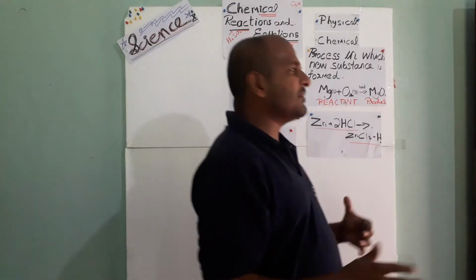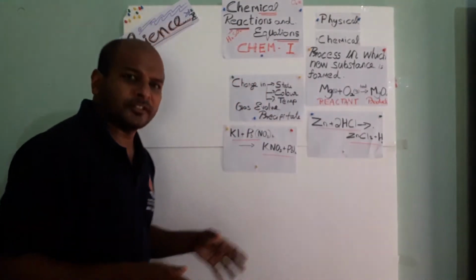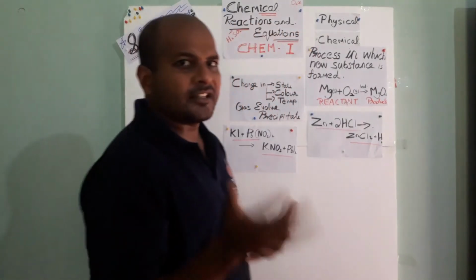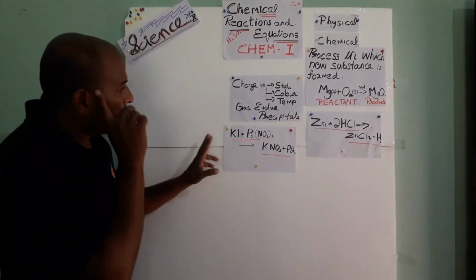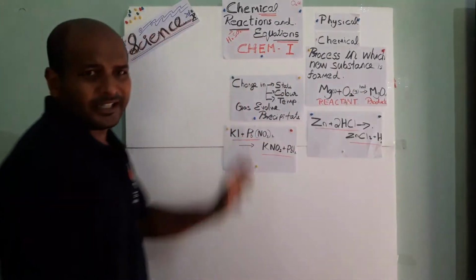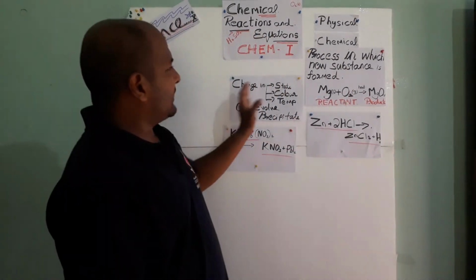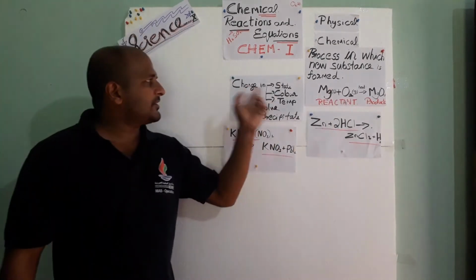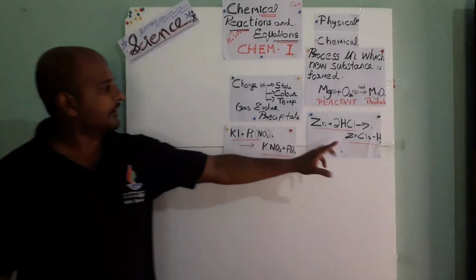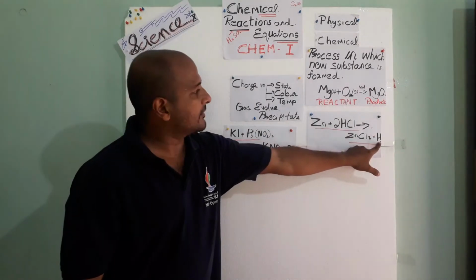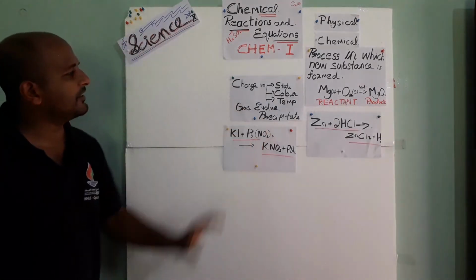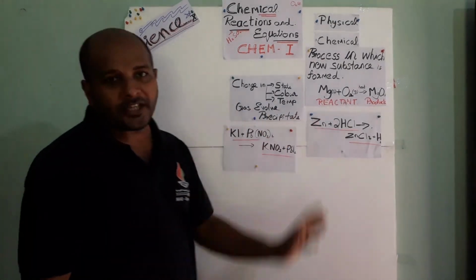Okay, these equations are directly given in textbooks. If you have any doubts, you can directly contact me or message in that group chat. In these different types of equations, it is only an example. And characteristics of the equation, basically it is change in state, change in color, change in temperature. Gases will evolve. See, H2 is a gas, isn't it? And the last one is it forms precipitate.